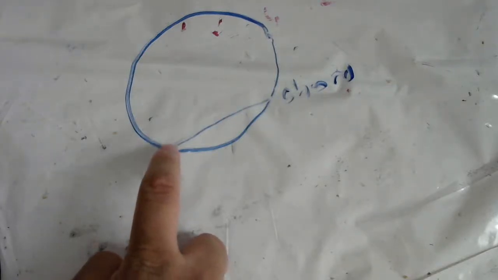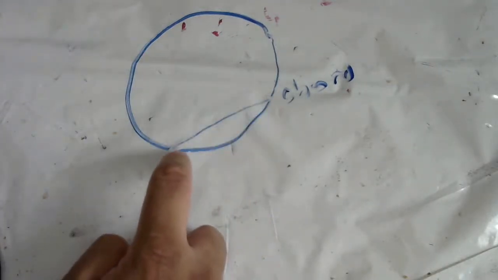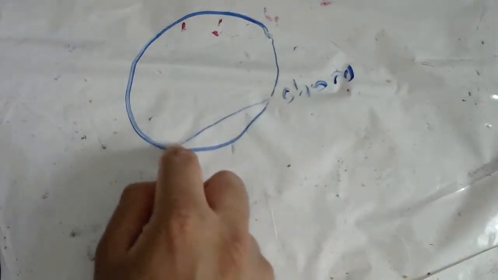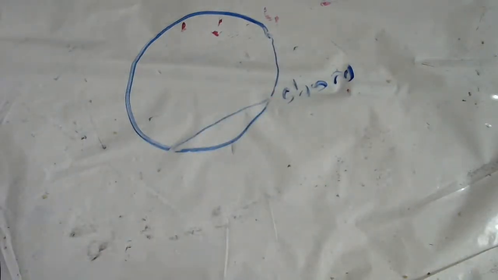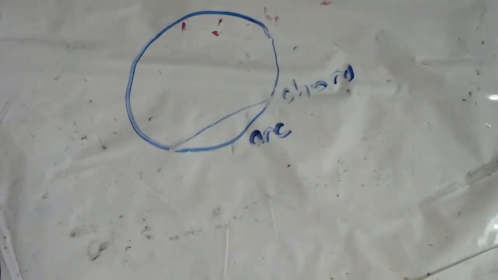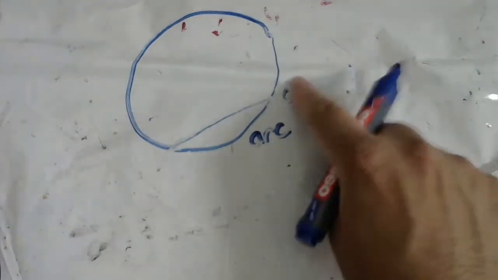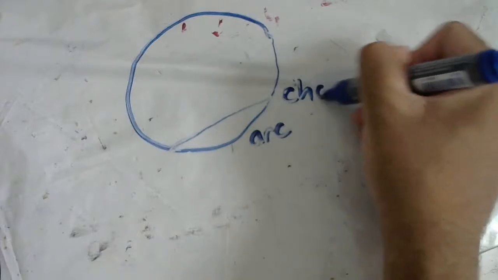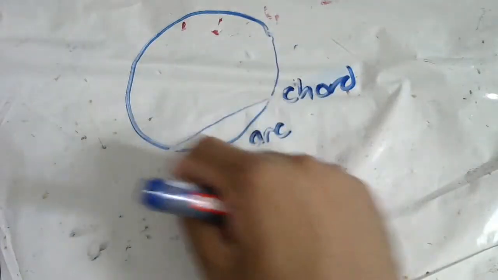It touches the circumference in two places and does not go through the center. The arc does the same thing, but is the circumference between those two points. So this is the chord, and that is an arc. Thanks for reminding me that I need to tell you what an arc is.